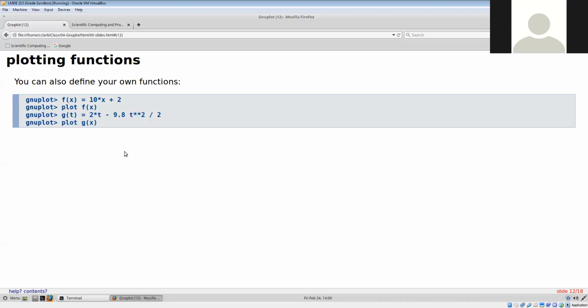You don't have to use x to define your function, but you do have to use x to plot your function. So in the second example here, I've got a function named g, which is a function of t. This is actually just the kinematic equation for something that's got an initial position of 0, an initial velocity of 2, and is accelerating at 9.8 meters per second squared.